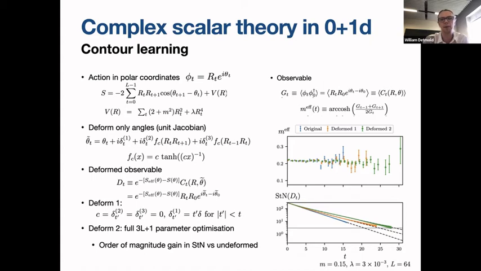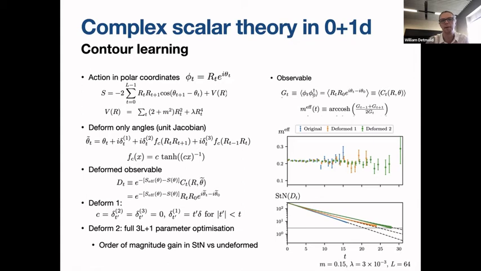And I'm going to set the delta 1 parameters, so the ones that don't come with this function f, so just a constant shift, I'm going to set those to be equal to t prime times delta. So I've got a phase that's increasing as I go across my observable.